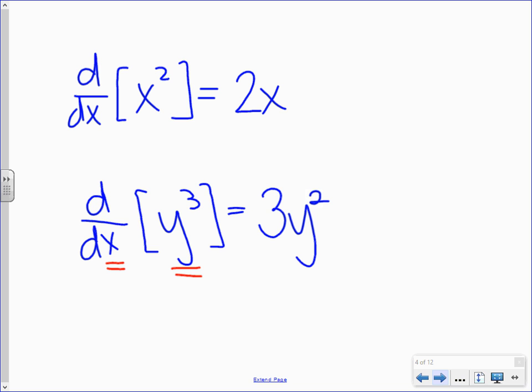Y. What's the derivative of y with respect to x? What was that the answer to? dy dx.